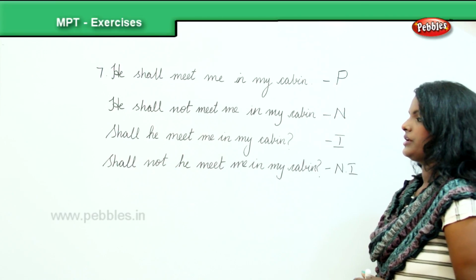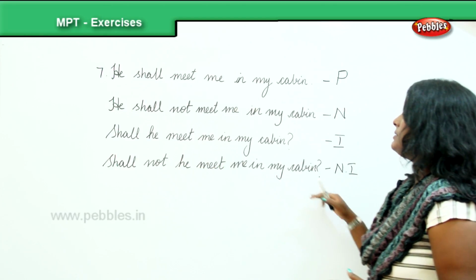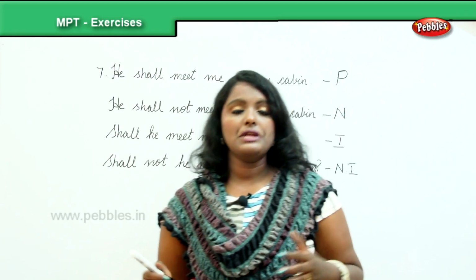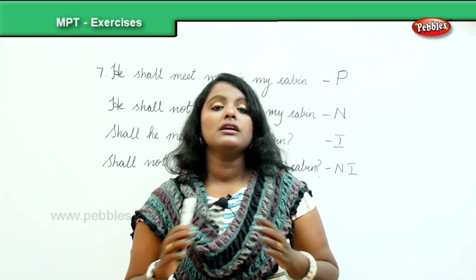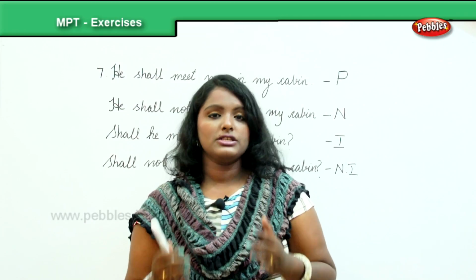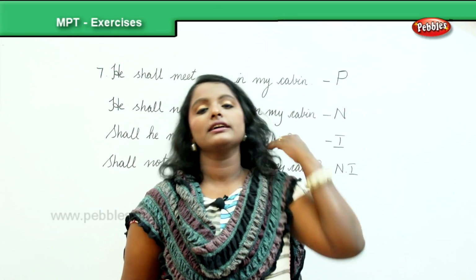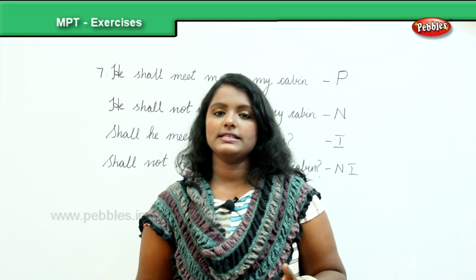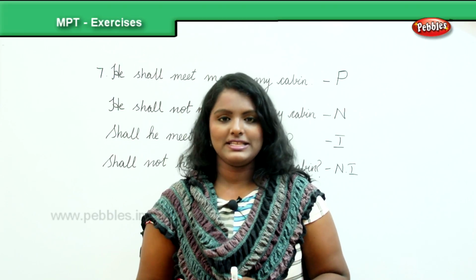And the negative interrogative, shall not he meet me in my cabin? So with practice, it is not necessary for you to just learn the structures, but you can directly start converting the sentence into the different types of sentences irrespective of the tenses. Moving over to the next example.